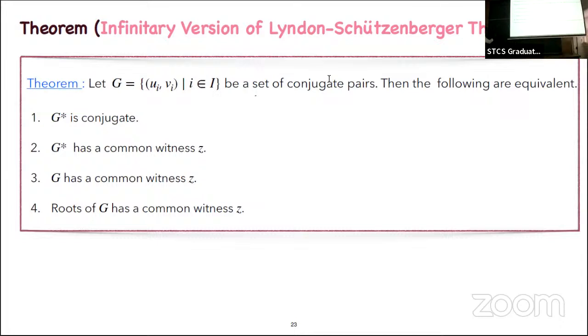If I have U1 Z equal to Z V1 and U2 Z equal to Z V2, then U1 U2 Z is nothing but U1 Z V2, which equals Z V1 V2, just applying substitution. If U1 V1 and U2 V2 both have Z, it's like using Z to commute. Z commutes.